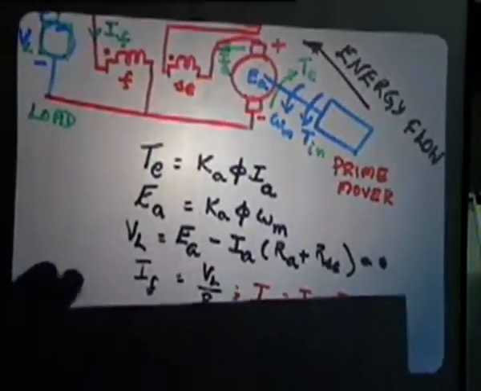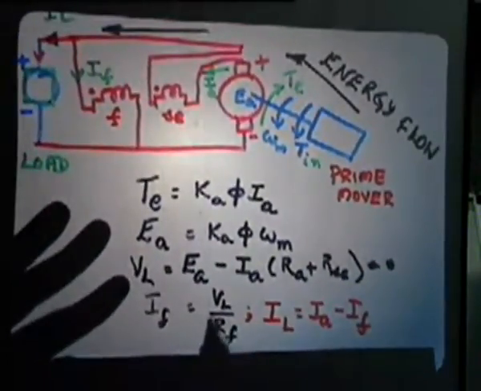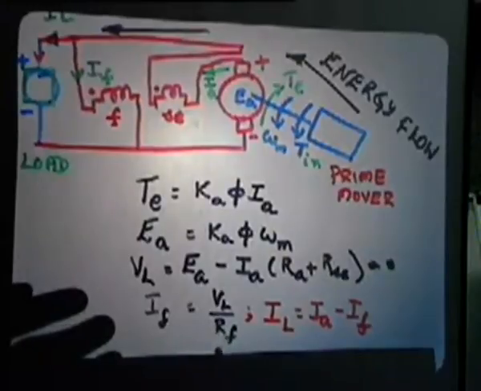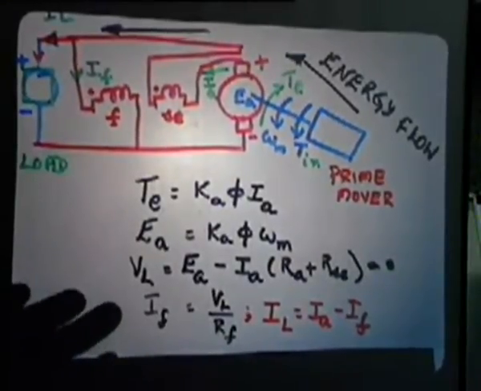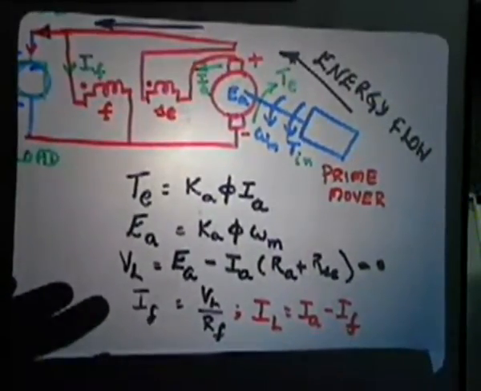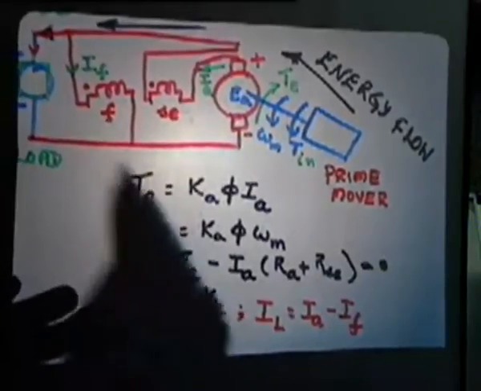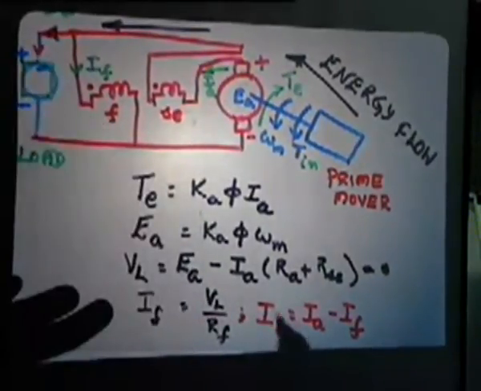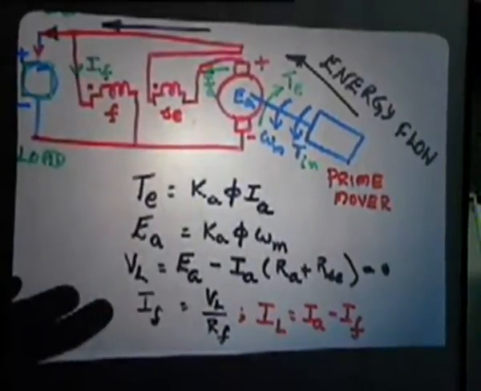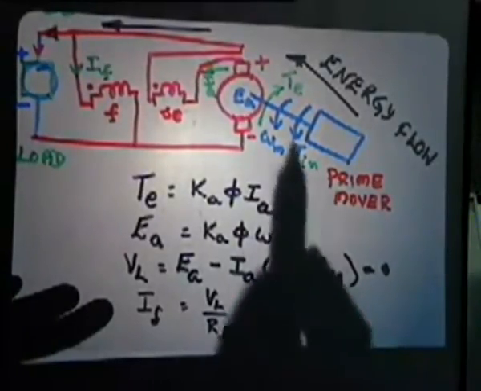Similarly, the load current will be the current coming out of the armature minus the current going into the field, if it is a compound generator.